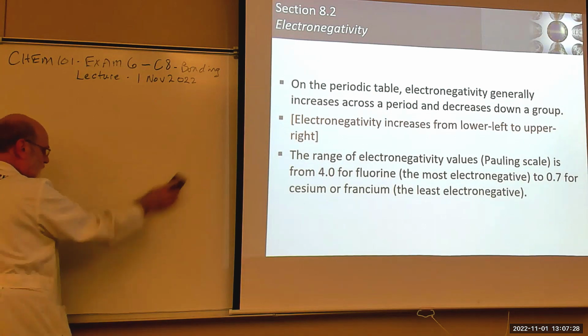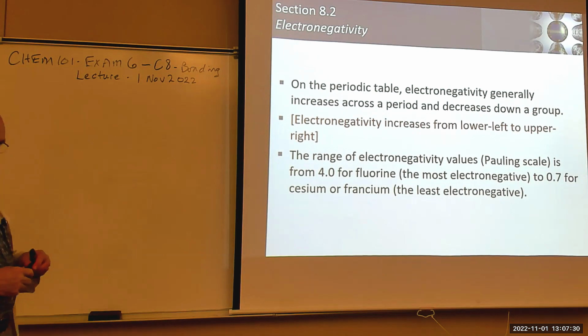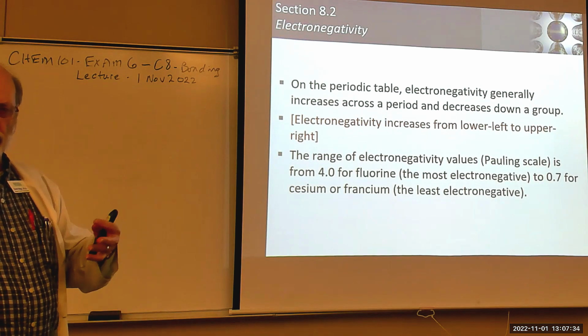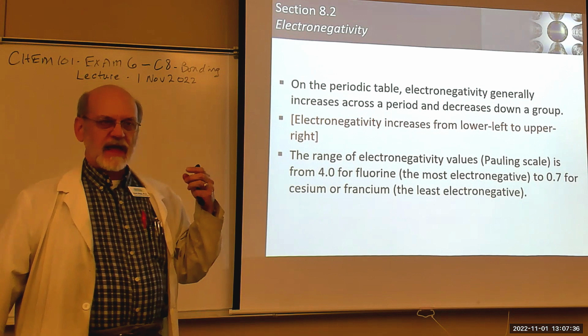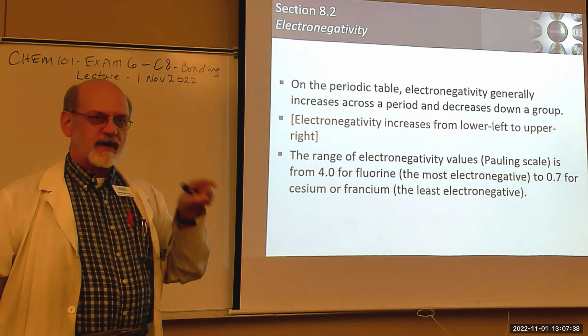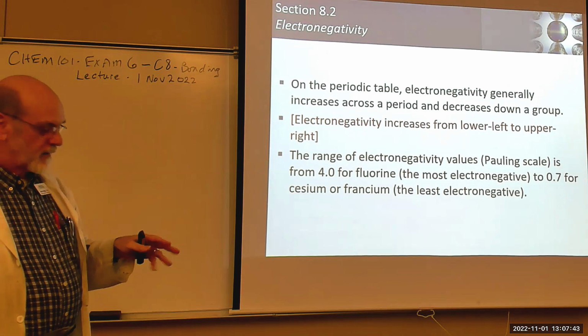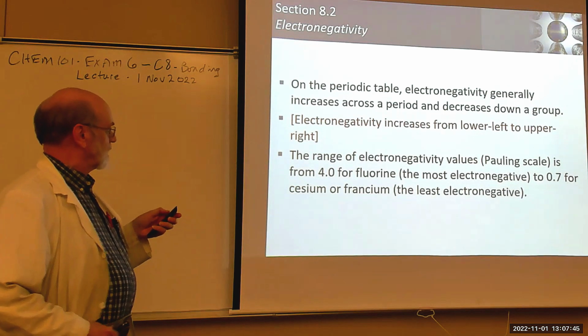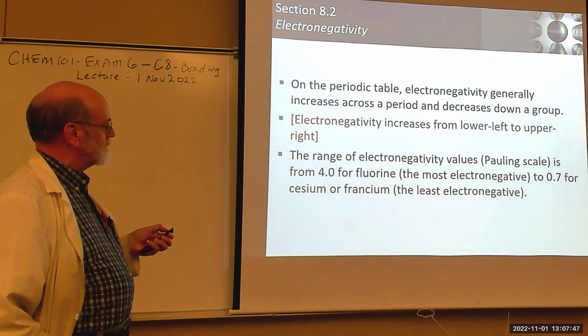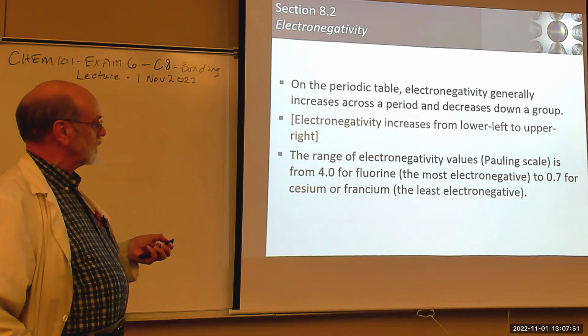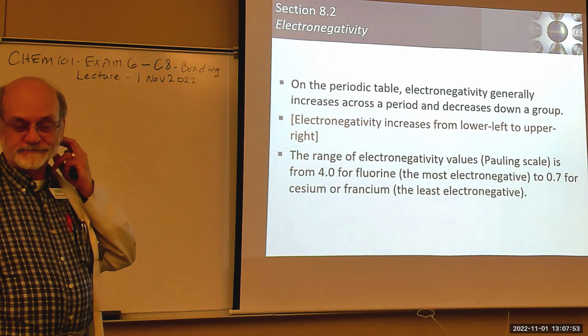Pauling took the periodic table and he did these calculations on all the elements that he had information for and put those numbers in a periodic table, and we see a trend developing. We see that the electronegativity of these elements increases from lower left to upper right. Right?